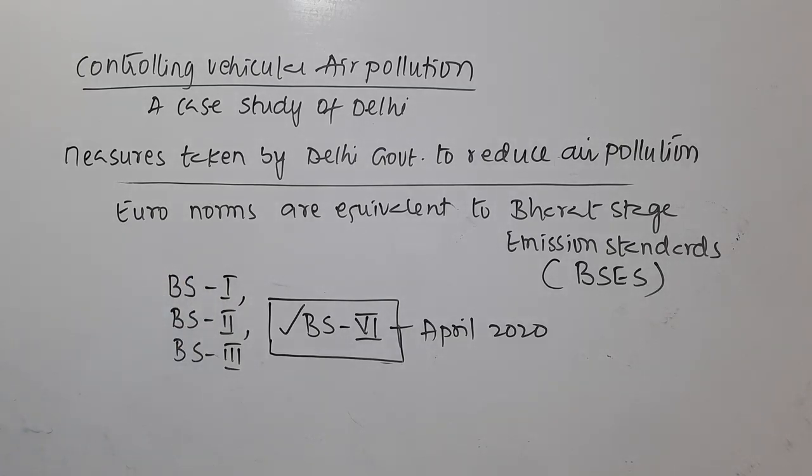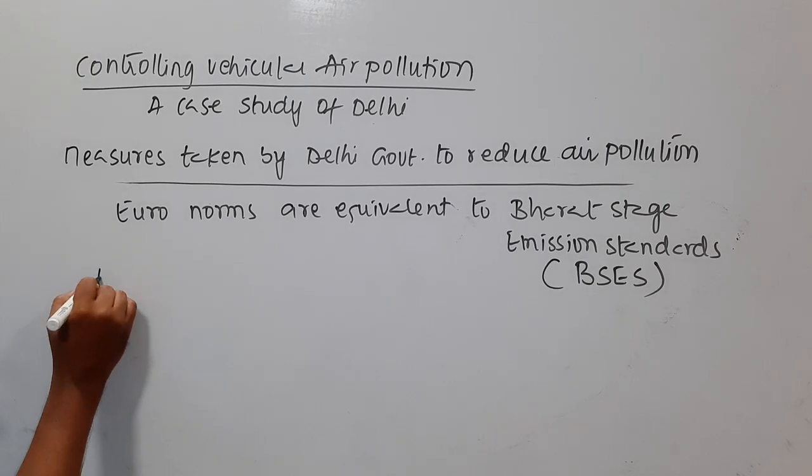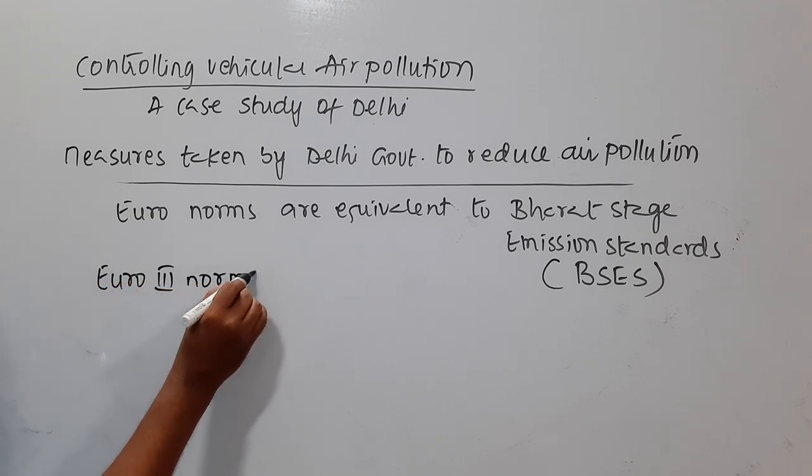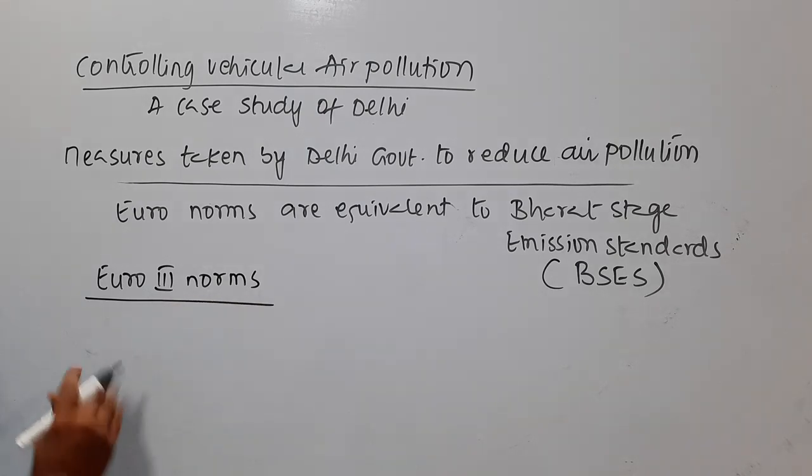Now we shall see one example, the Euro 3 norms. These Euro 3 norms say that sulfur is to be controlled at 350 ppm.